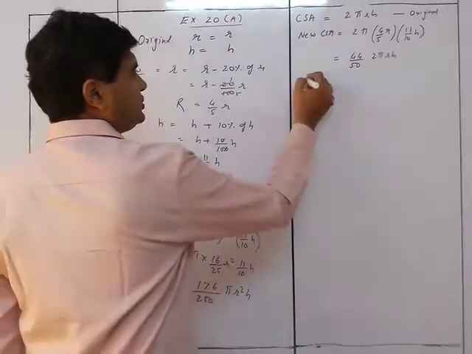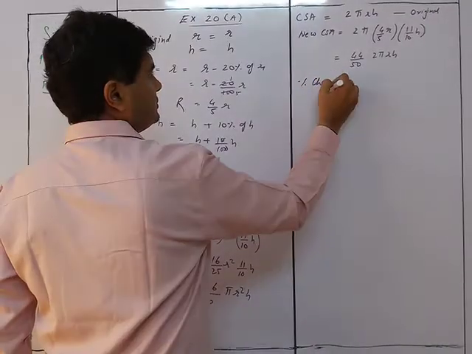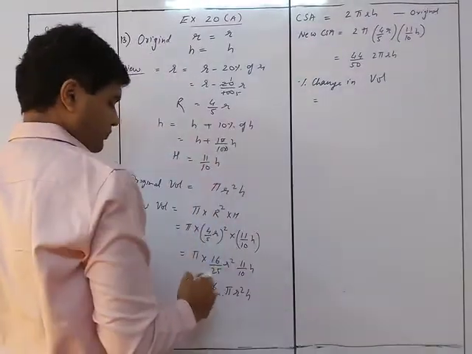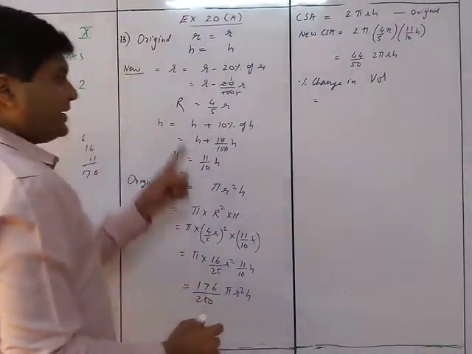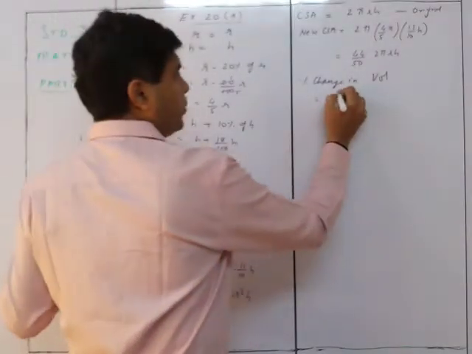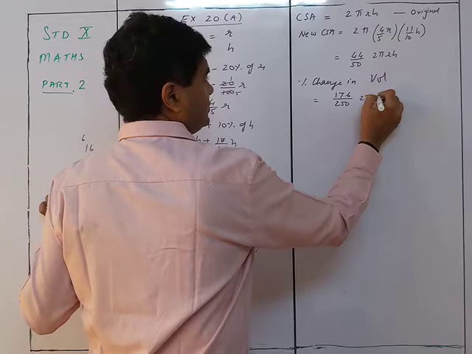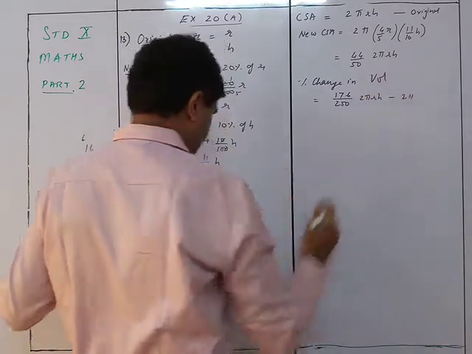So percentage change in volume is equal to new minus original upon original. So it is 176 upon 250 times pi r square h minus pi r square h.